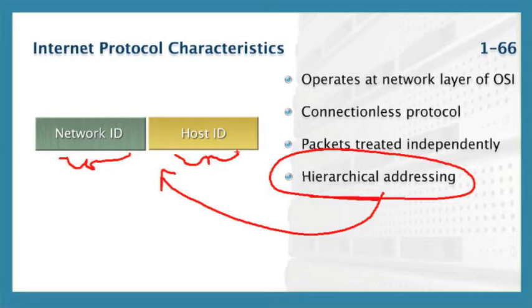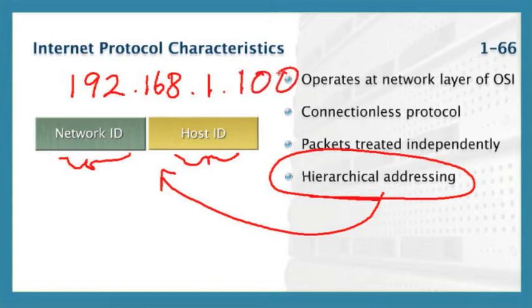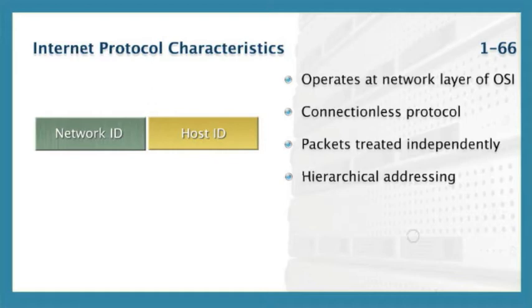But suffice it to say, when you see an IP address like 192.168.1.100, there is going to be a portion of that address that represents the network and a portion of that address that represents a particular host on that network.